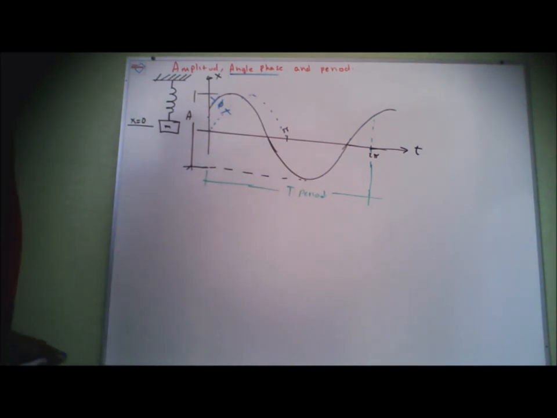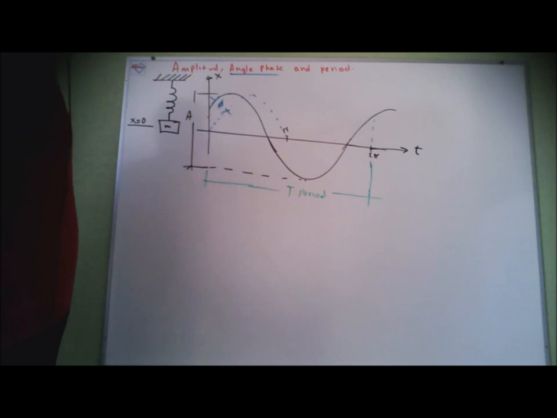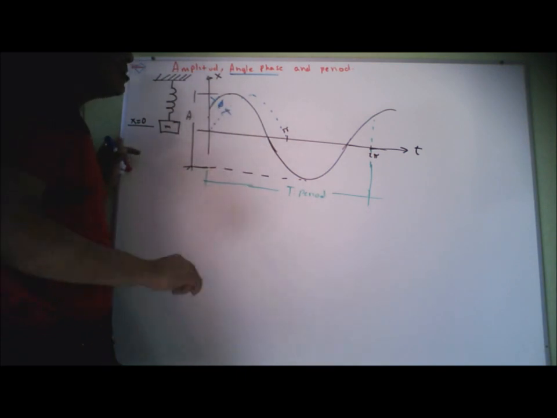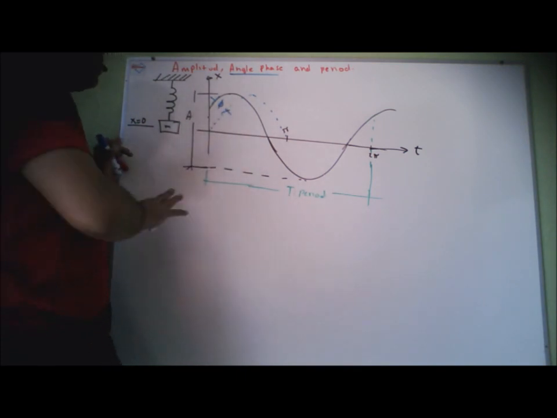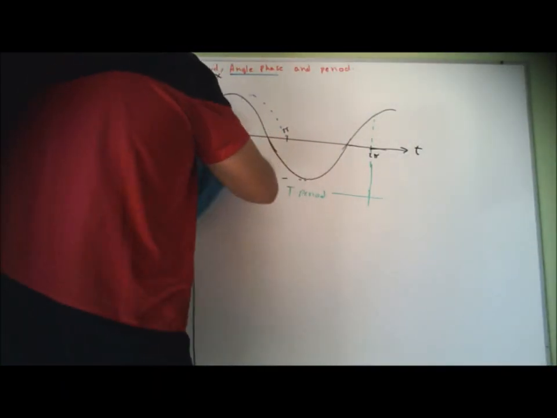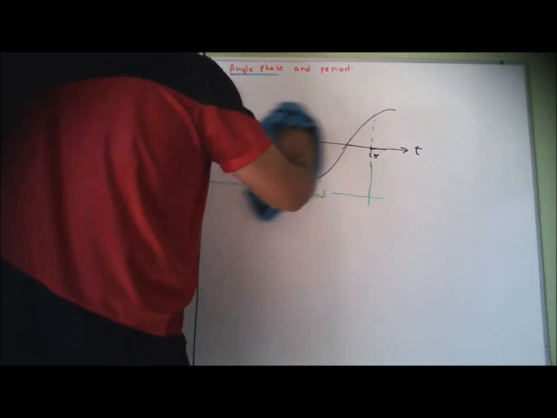Alright, so how are we going to calculate that? I just wanted to show you the concepts here: the amplitude, period, and angle phase. Next I may need to erase this to tell you how to calculate each one of them.